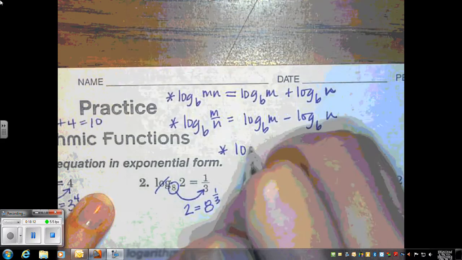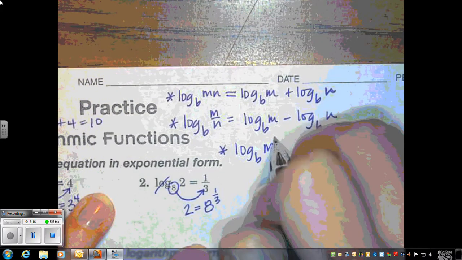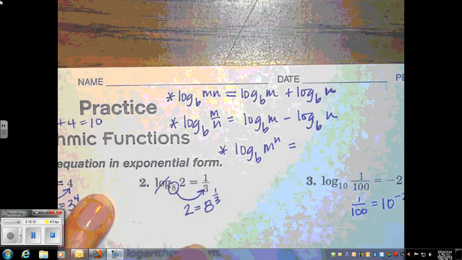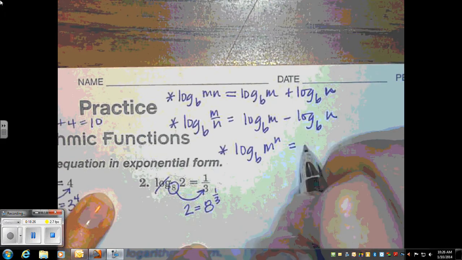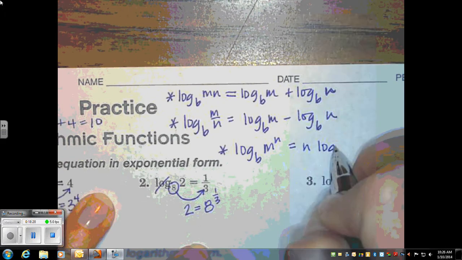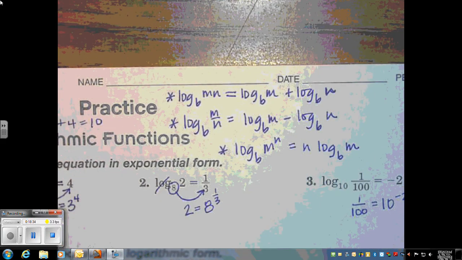If you have log base b of a number to another number, like a power, it's the same thing as taking that power, catapulting it over the log, so that you have n times log base b of m. Those mean the same thing. Well, I use those words so that you'll remember.